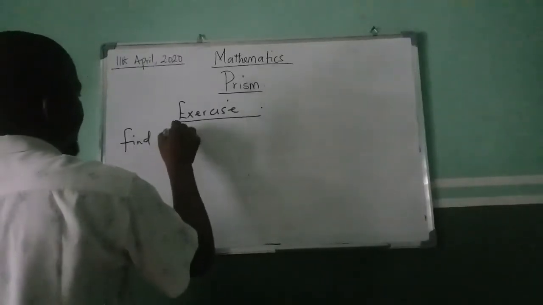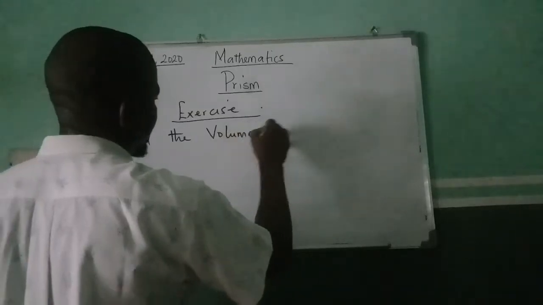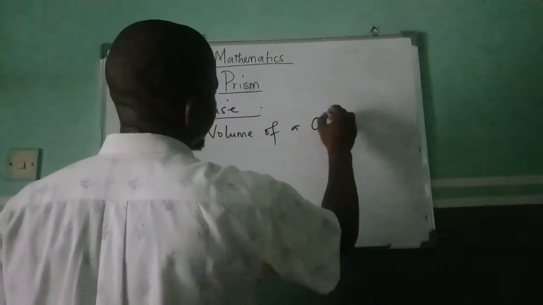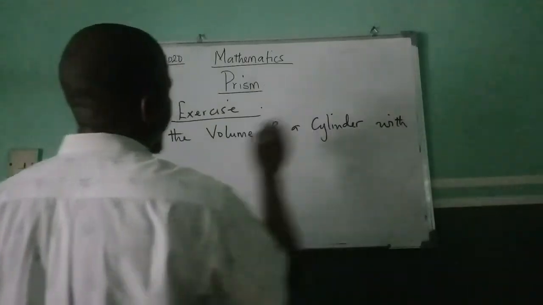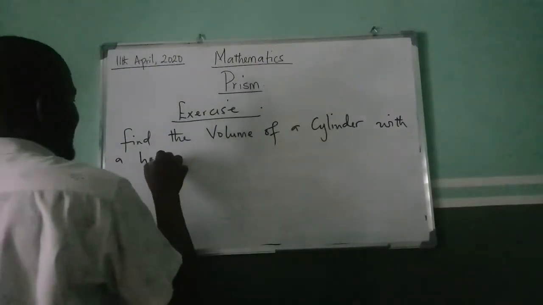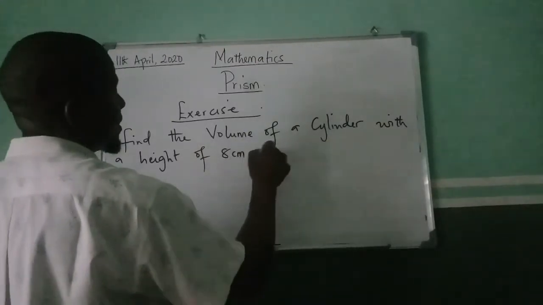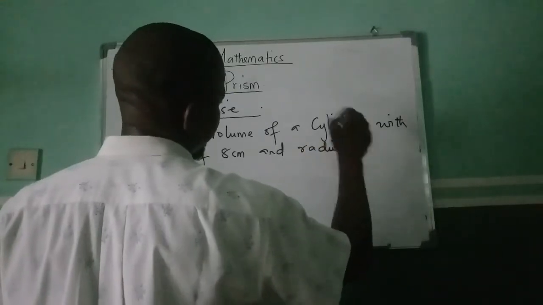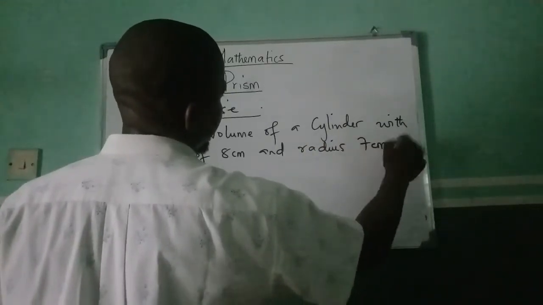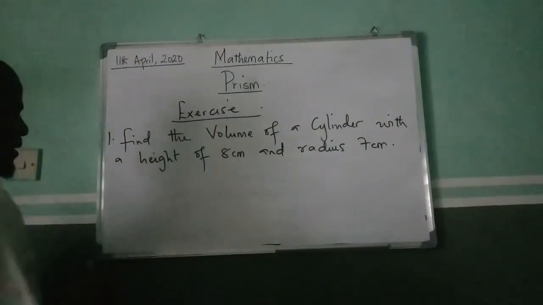Number 1: Find the volume of a cylinder with a height of 8 centimeters and radius 7 centimeters. Okay? You do that quickly.